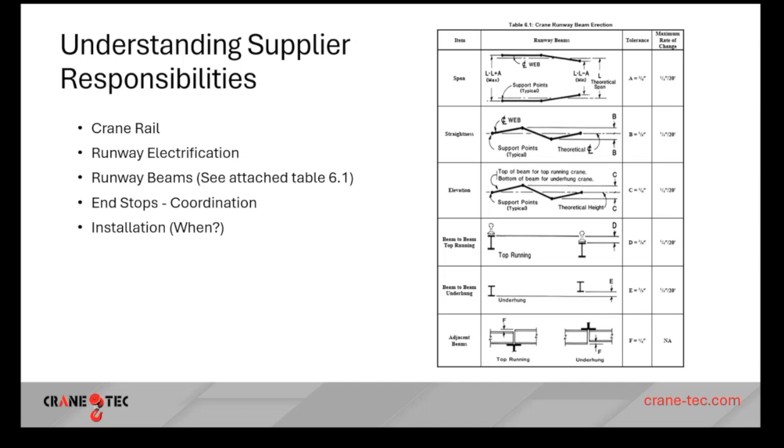And then installation. I get asked a lot about leaving a section of the roof off to install a crane. And it's the crane supplier's responsibility to ask if he wants to have a section of the roof left off. I have not had a section of the roof left off on a crane project in probably 6 years, and that's hundreds of cranes.